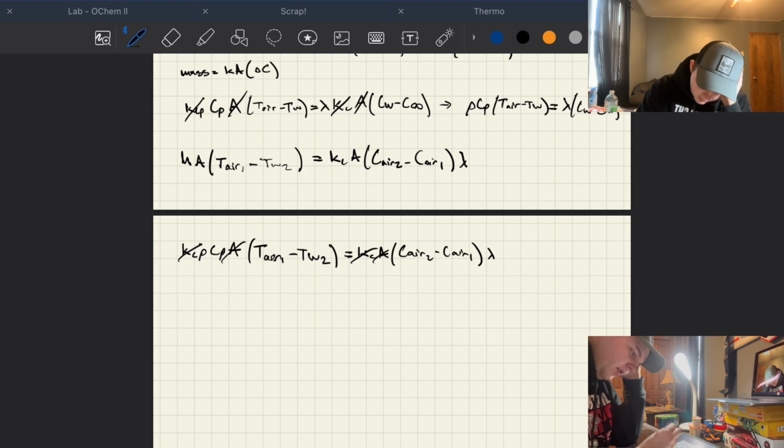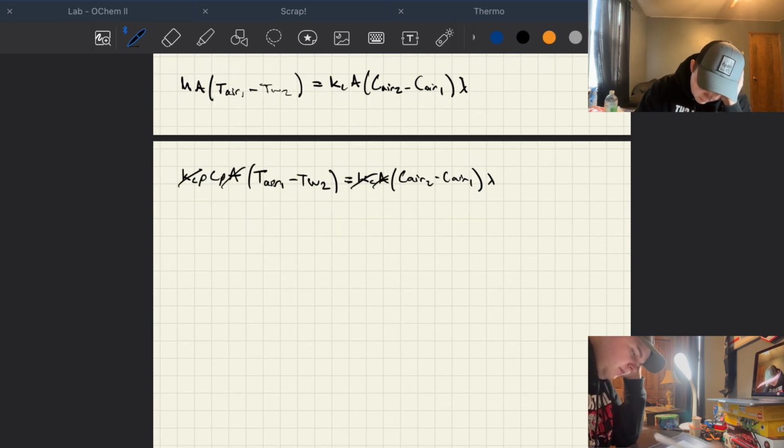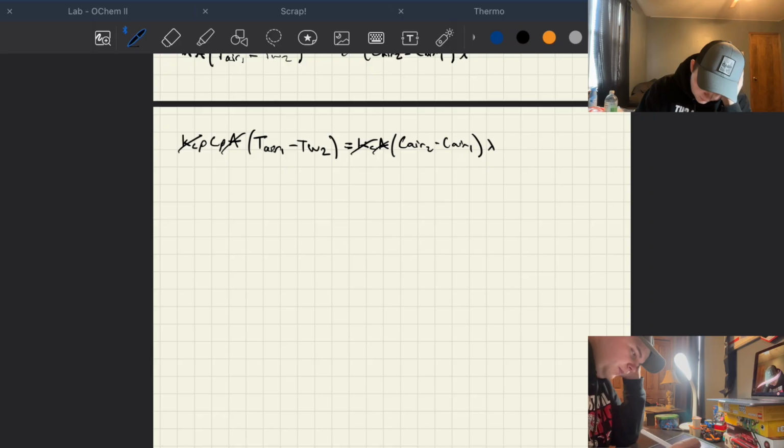Now we can cancel Kc A, very similar to what we did above. So we'll end with rho Cp (T air 1 minus T water 2) is equal to, let's put the gamma out front, gamma (C air 2 minus C air 1).